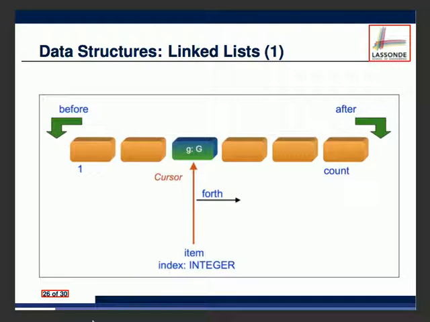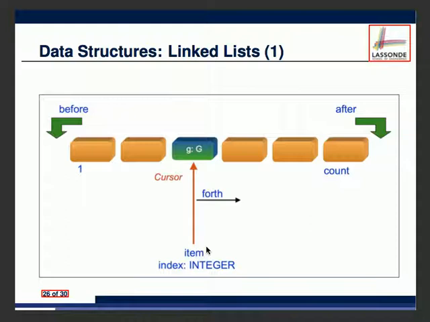If that's off the right boundary it's called after. If you're trying to run a loop, you're going to say I'm going to walk through the list until I'm going outside the boundary. Okay? And then the cursor over here, the way to get the element that's pointed to by the cursor, you're going to say dot item.